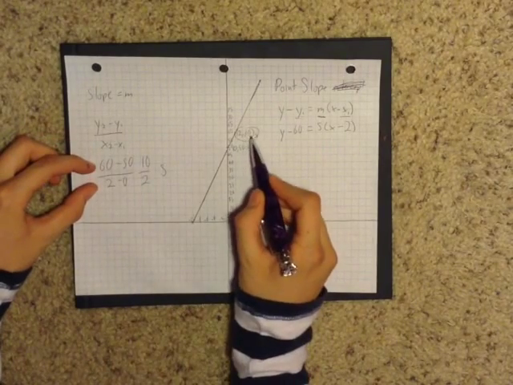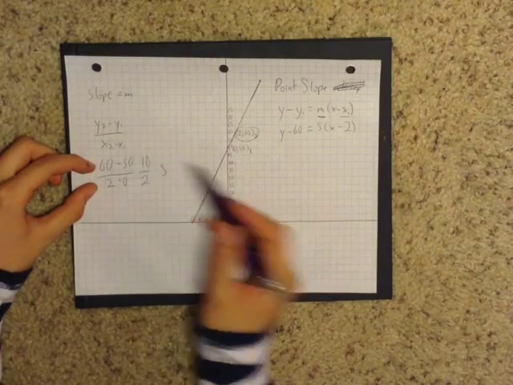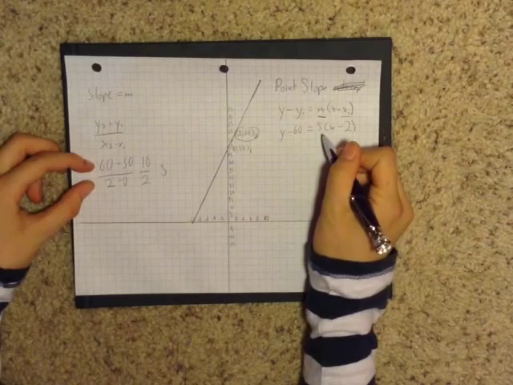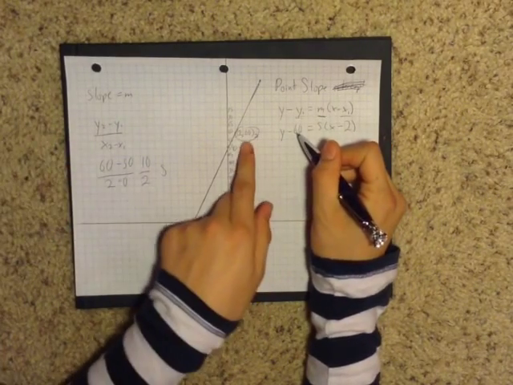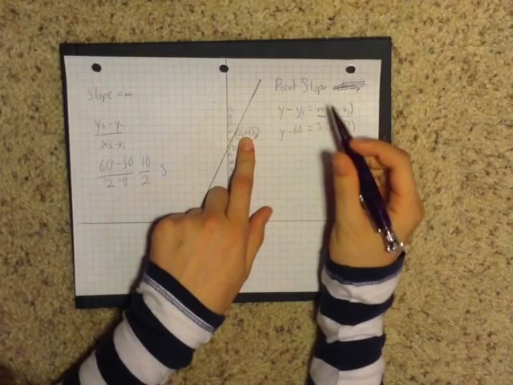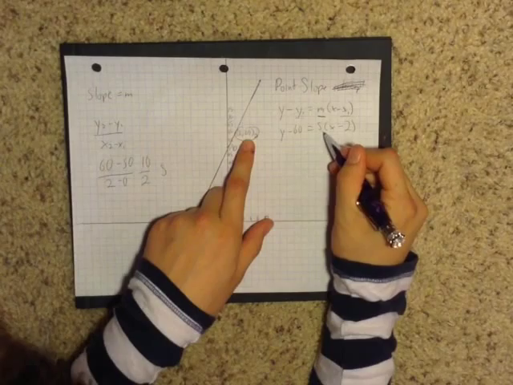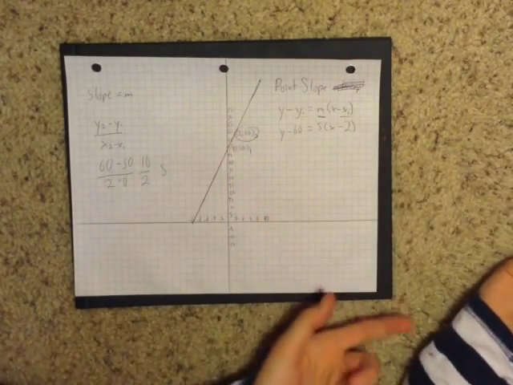If we use (2, 60) as point 2 and (0, 50) as point 1, we substitute them into the formula and get 10 over 2, which translates to 5. So, we put 5 as our slope, and then we're going to use (2, 60) for this equation. So we're going to do y minus 60, because that's the y variable, equals 5(x minus 2), because that's the x variable. Pretty simple, right?